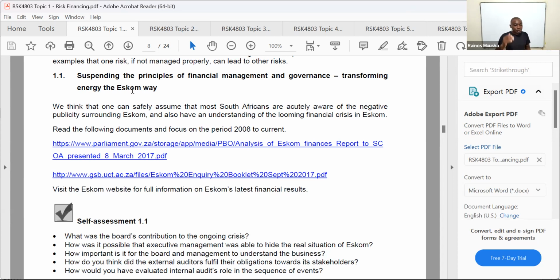When you look at unit 1.1 to unit 1.4, you see that they are different case studies where there are risk management failures, but it's not necessarily that these questions are going to be asked in the exam from those case studies.